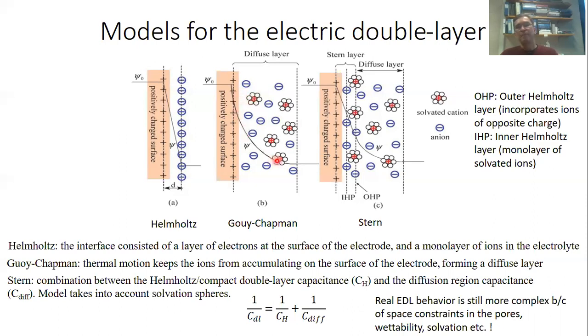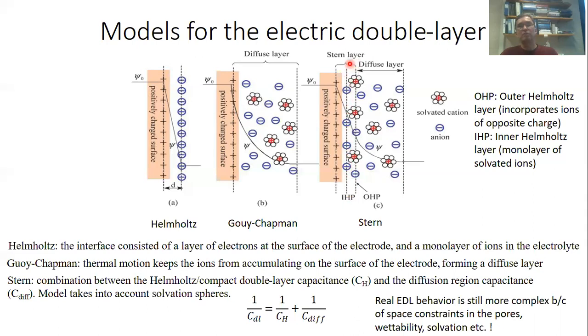Now the Stern model basically combines these two ideas, saying that we have ions that are actually lying desolvated on the surfaces.